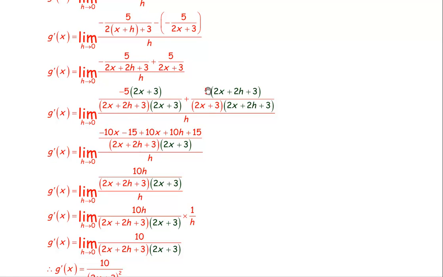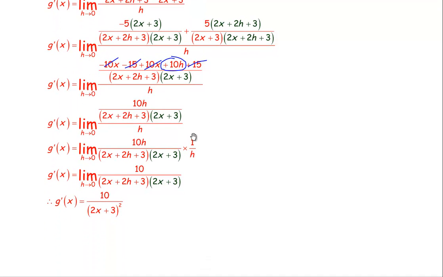And then plus 5 times this would be 10x plus 10h plus 15 here. And notice we get some stuff that adds to 0. So the negative 10x and positive 10x add to 0, as does the negative 15 and 15. So that's why there's just a 10h left up in the numerator here. So 10h on top over that denominator all over h.